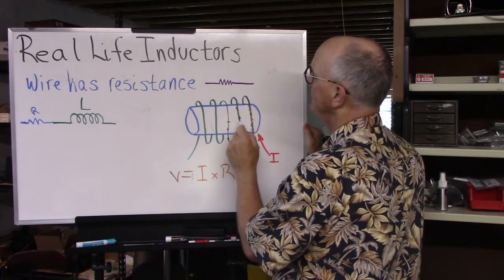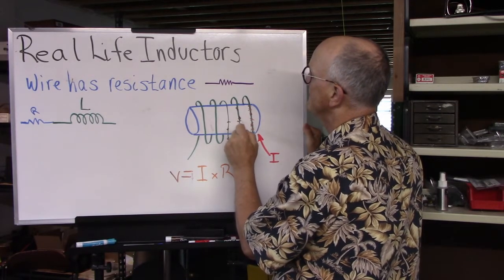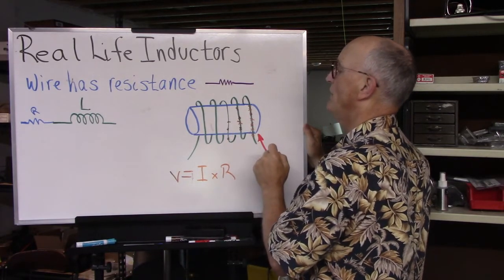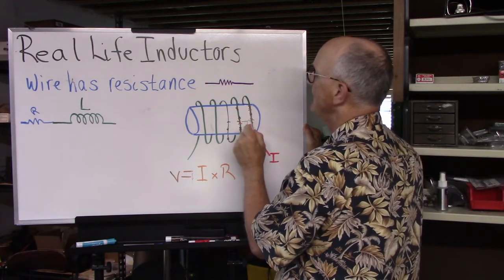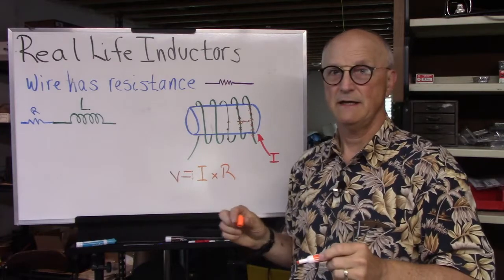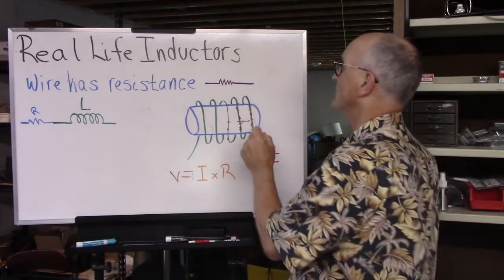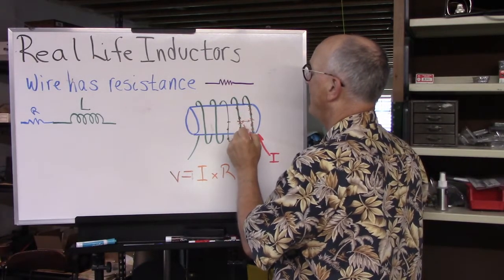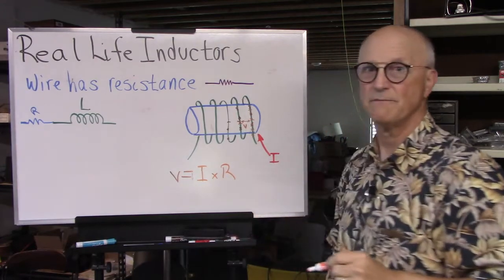In fact, the voltage at this point in the wire is different than the voltage at this point in the wire, which means between two adjacent windings in exactly the same place on the coil, there is a voltage difference.